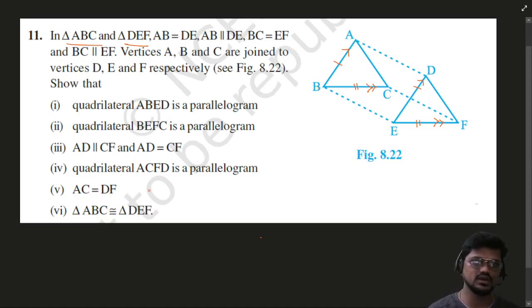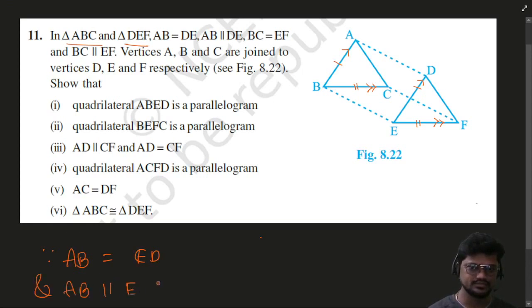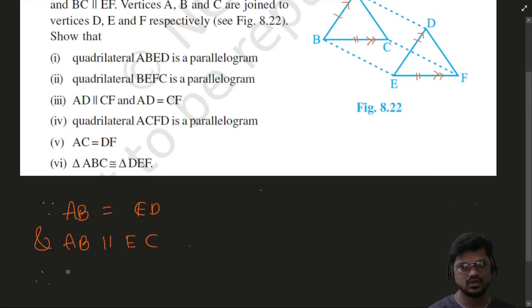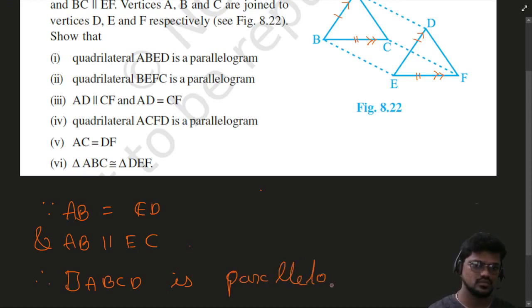So over here, since AB is equal to ED and AB is parallel to ED, therefore we can say quadrilateral ABED is a parallelogram. What is the reason?